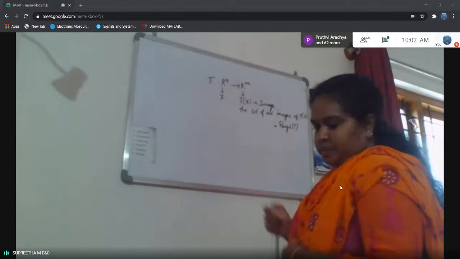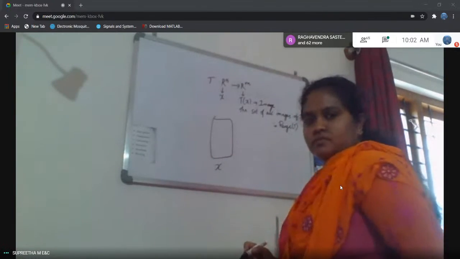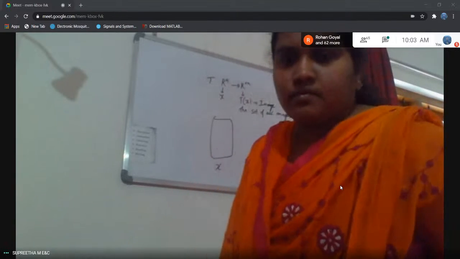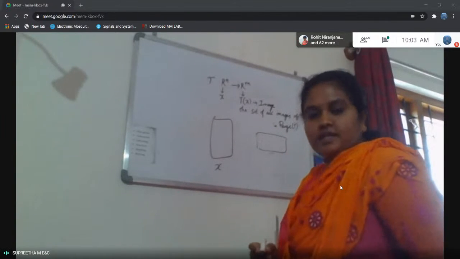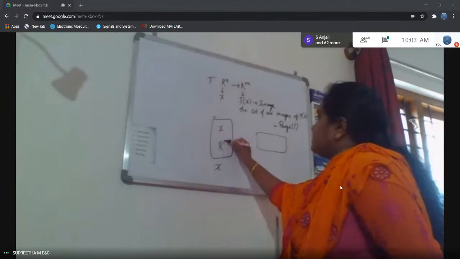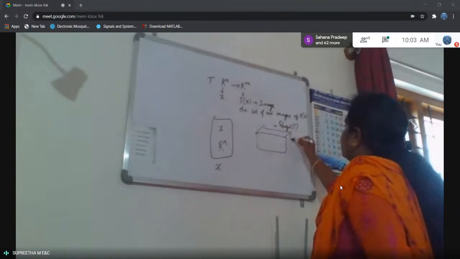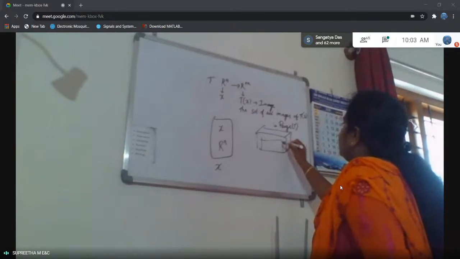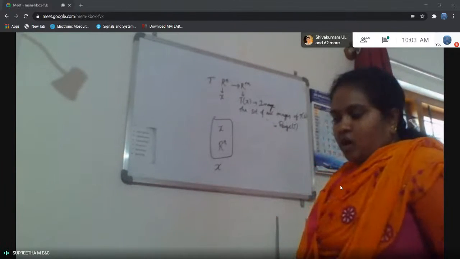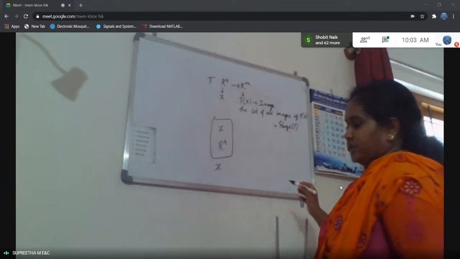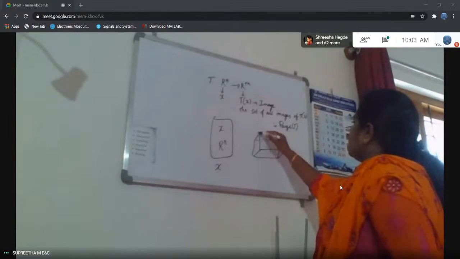Suppose I just give a representation of something like this. If this is my vector x, and this is my range, say I assume some space just for our convenience, where x is in Rn.